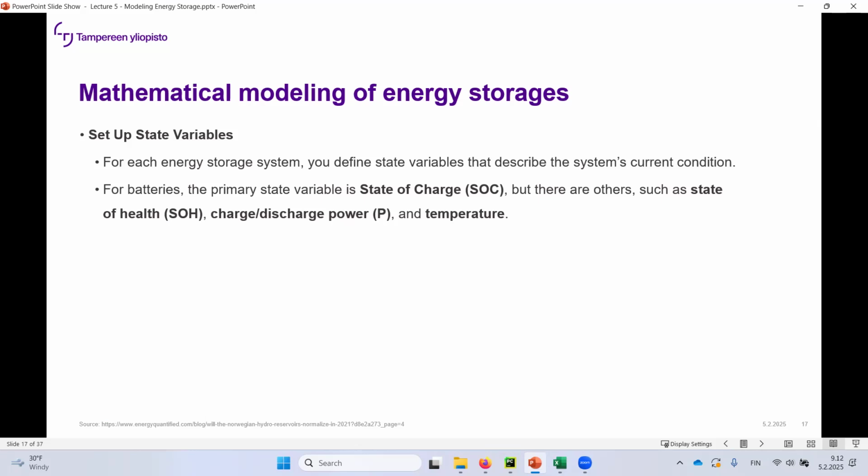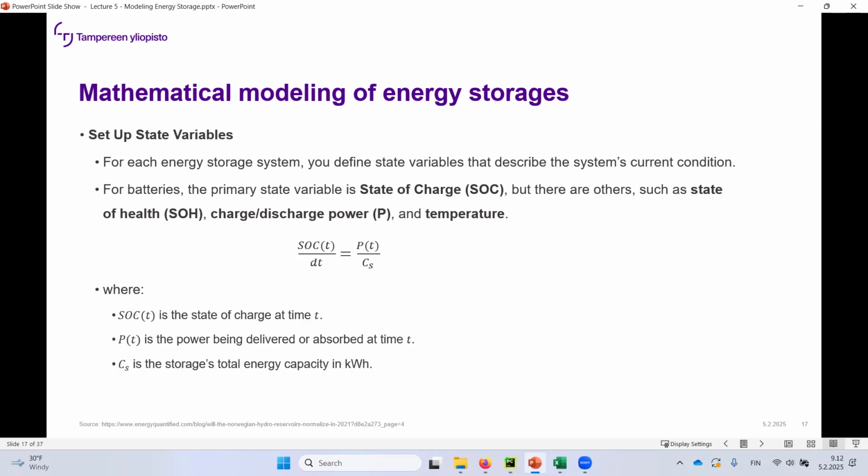Has there been some degradation over time and so forth? Charge, discharge, power, and temperature. So they have to be stated in the beginning. If you multiply the state of charge at the time with capacity, then dt times Pt is going to be the equivalent.